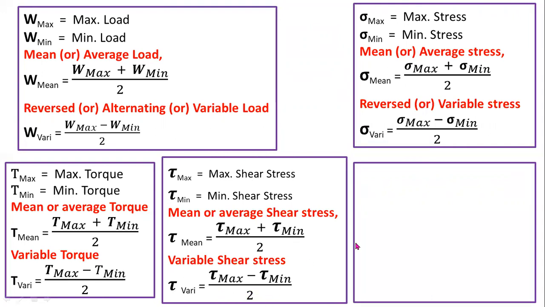If you are considering bending moments for determining the value of the bending stress, M max is the maximum bending moment and M min is the minimum bending moment.